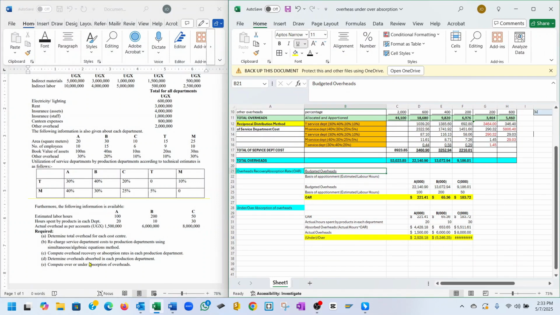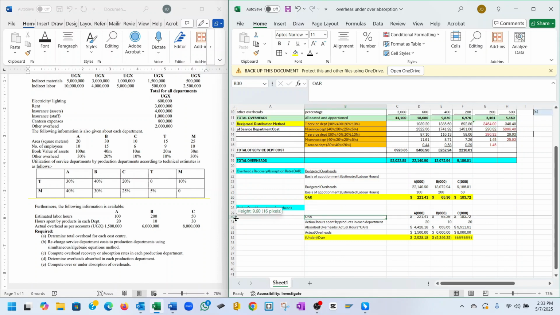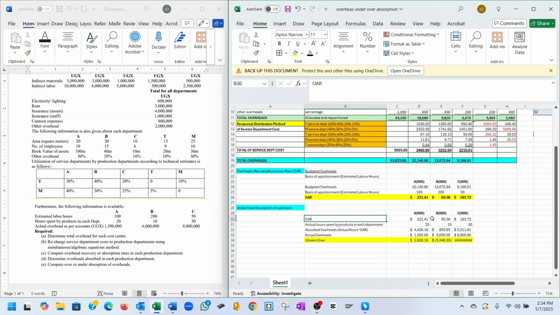It says determine or compute over and under absorption of overheads. This is the part that I want you to pay attention to. To compute the overheads absorbed, we'll look at the overheads absorption rate. The overheads absorption rate computed is this, so we bring it here.